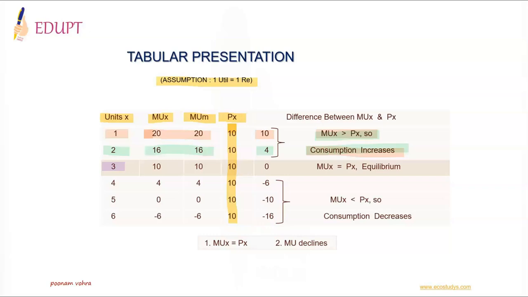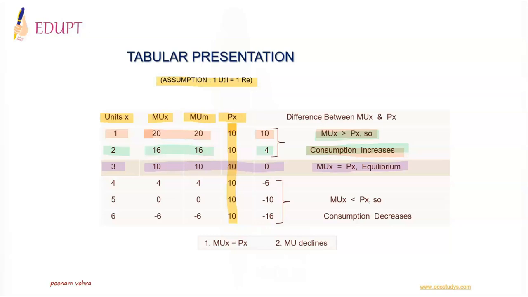By consuming the third unit, now marginal utility in utils and money terms declines to 10. And by comparing it with price, he finds that marginal utility is exactly the same as price of X and there is no difference. This is the equilibrium point.